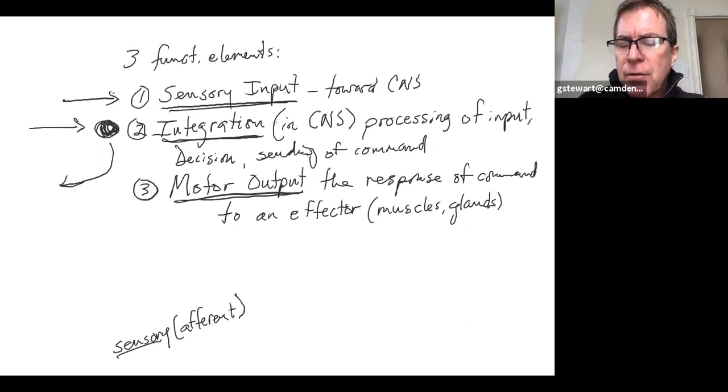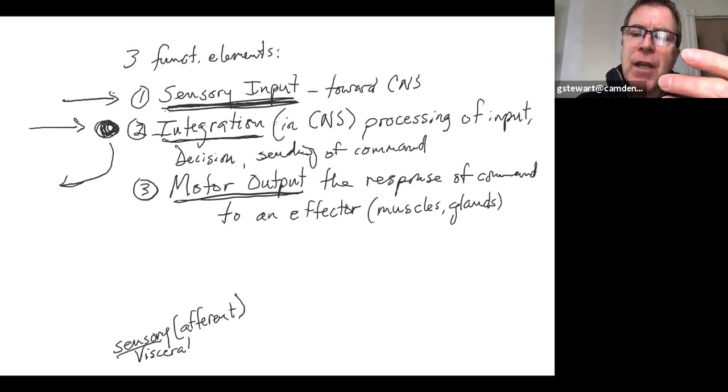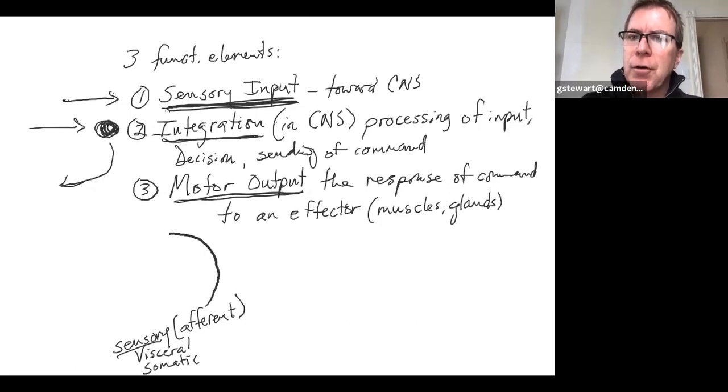And the sensory receptors in our bodies that sense a change can be either on the inside of our bodies, we call those visceral receptors, or sensory receptors that sense a change in the external environment, we call those somatic. Okay? They sense a change, and they send a signal to the central nervous system, the brain and spinal cord.